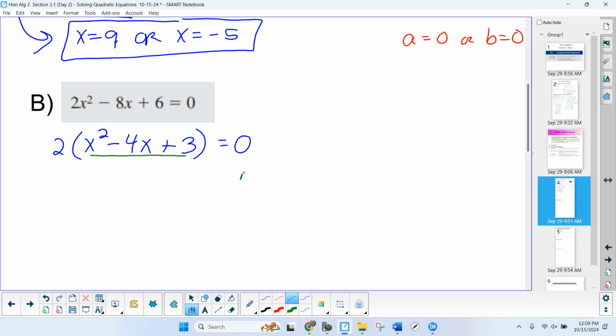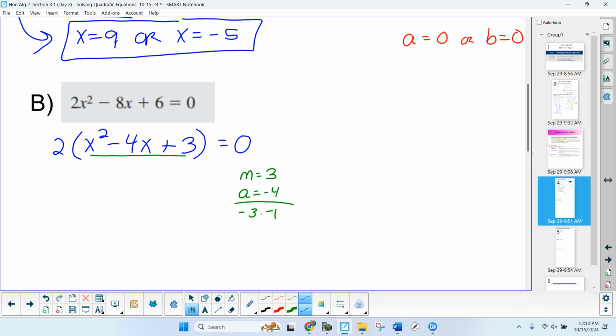What multiplies to give me 3 and adds to give you negative 4? 4 and 1 do not multiply to give me 3. Got to multiply to give me 3. 3 and 1. Negative 3 and negative 1. There you go. Negative 3 and negative 1.